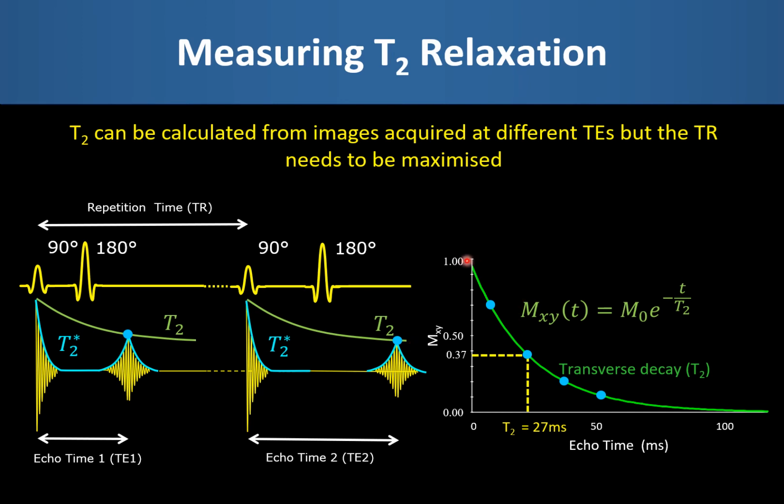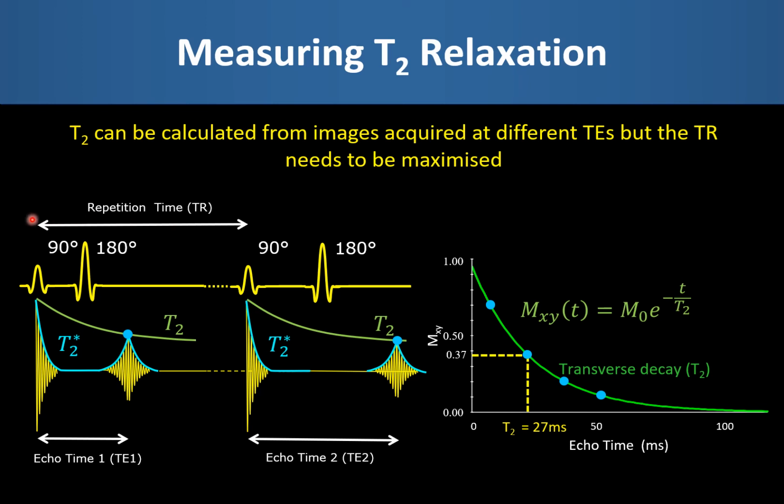So therefore we will end up with different points on the transverse decay curve, and then we can fit this model of the decay to those data points, and from that we can estimate the relative proton density, M0 here, as well as the T2 relaxation time.